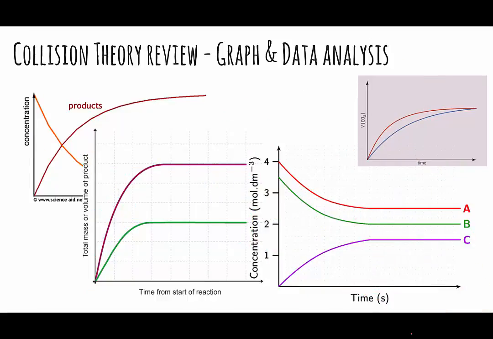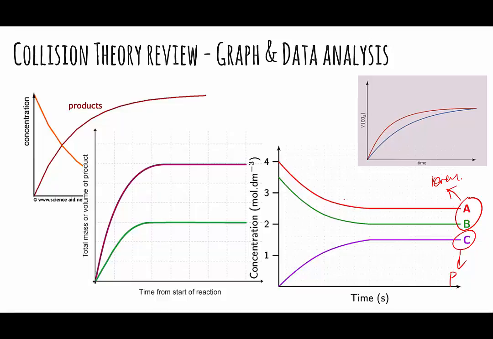Sometimes you might see a graph like this. The graph is plotted with the concentration changes of both reactant and product. So C is usually the rate of a product, and A and B are usually represented by the rate of the reactant. A and B usually are two different experiments, so we can take a look.